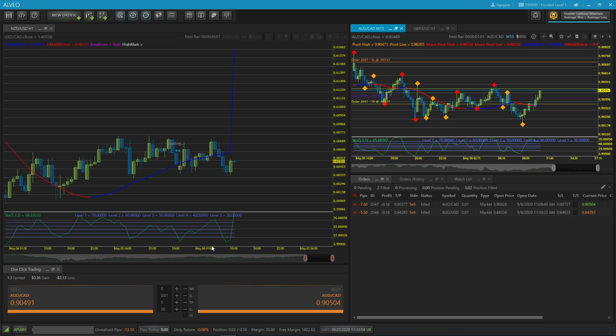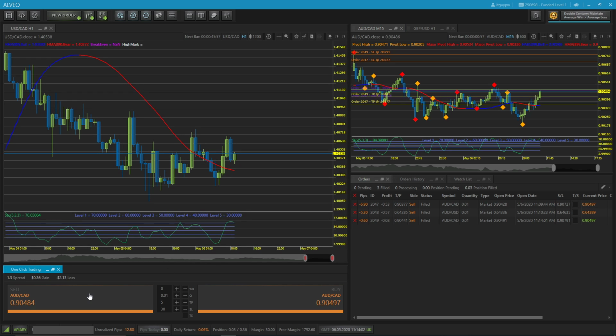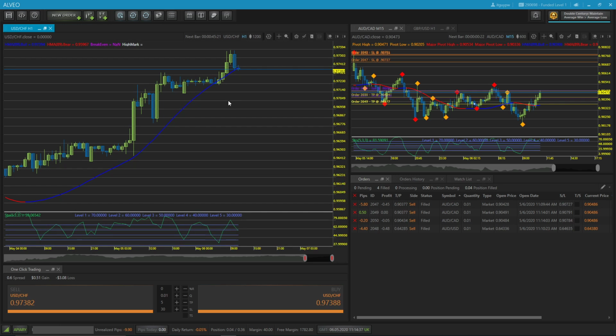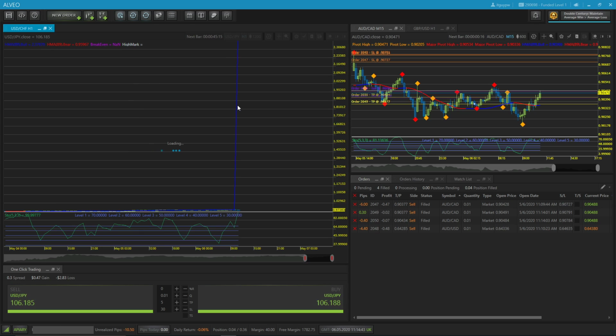We'll take another sell over here as this Aussie CAD gets into that support range. Not a lot setting up today.